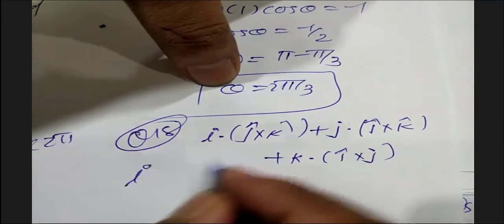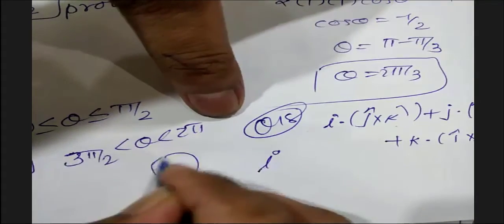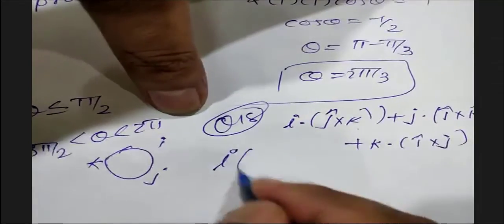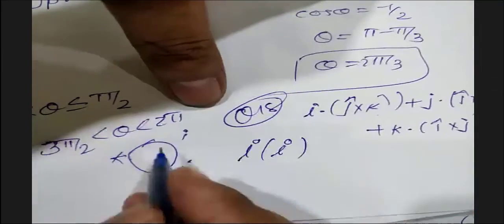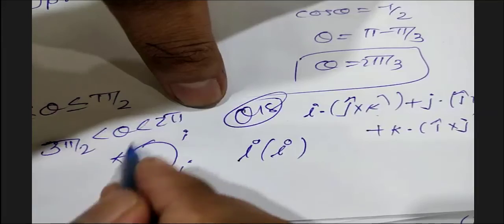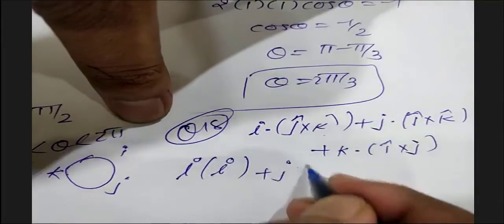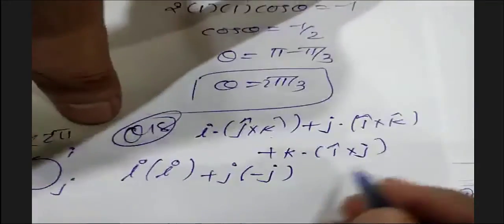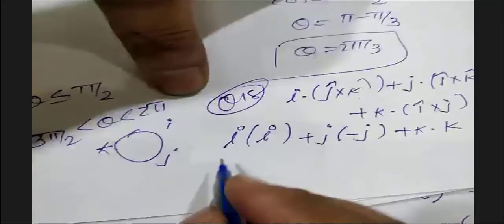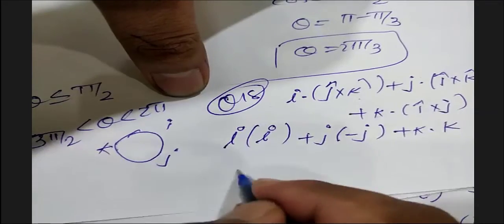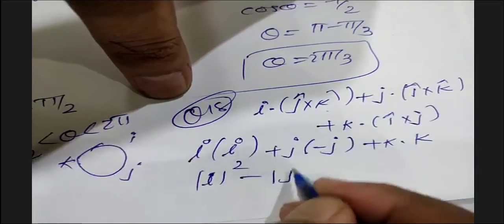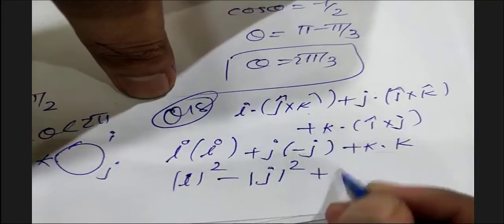Let me draw the circle i, j, k. j cross k is i. i cross k, reversed, means minus j. i cross j means k. So it is i squared, then minus magnitude of j squared, and then k squared.